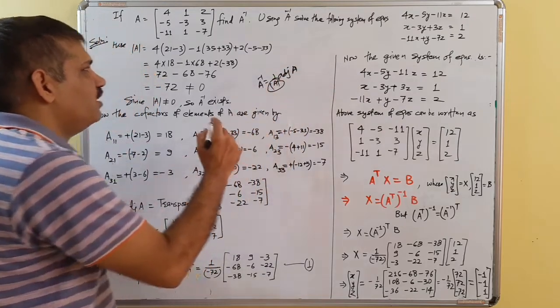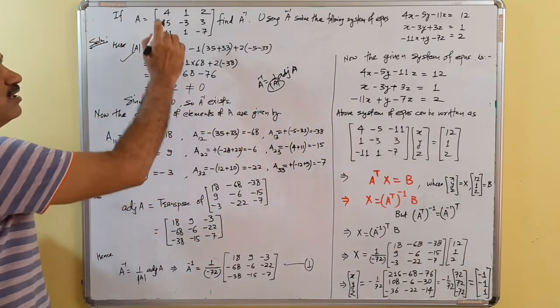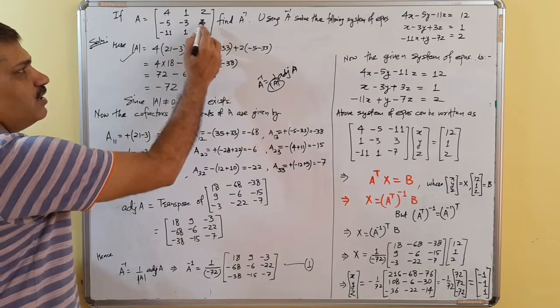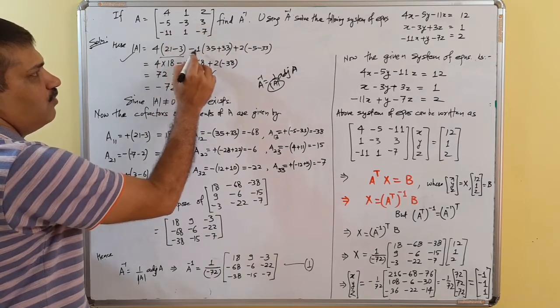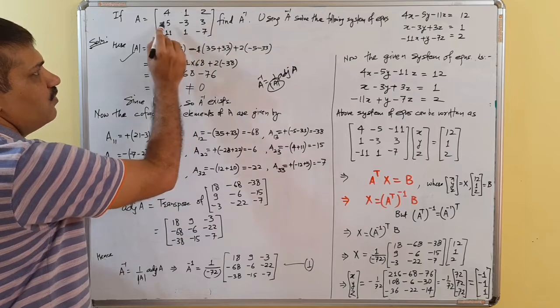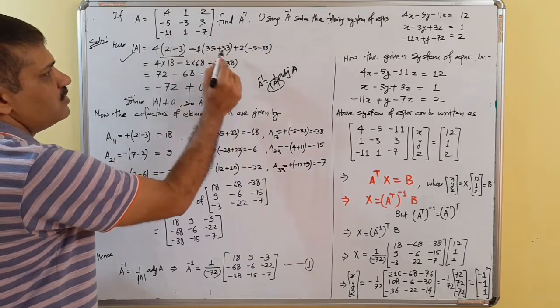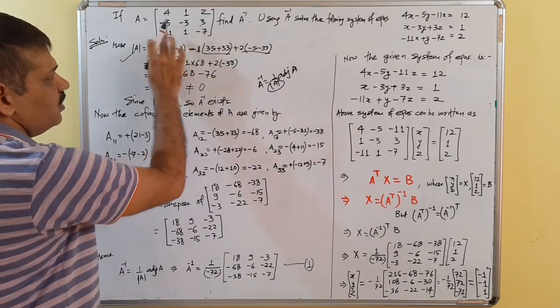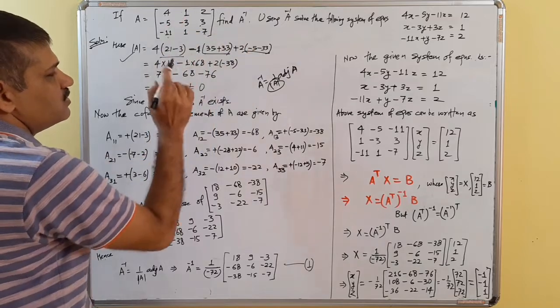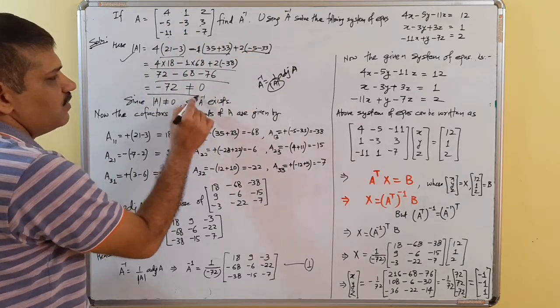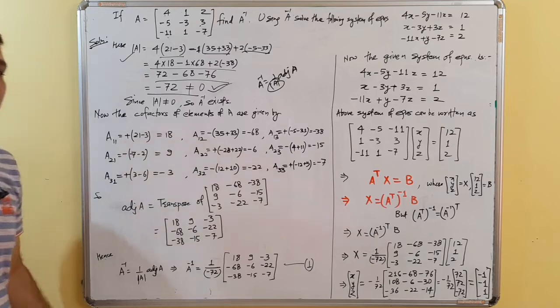So first of all we find the value of determinant A. The determinant is 4 times of 21 minus 3, by default minus 1, times of 35 plus 33, plus 2 times of minus 5 minus 33, and that gives us minus 72, which is not equal to 0.